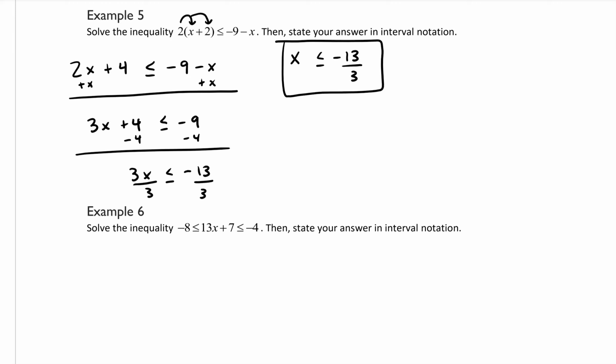That would be our answer in inequality notation. And for interval notation, we would have negative infinity to negative 13 over 3 with a bracket like that. So that is the answer for example 5.